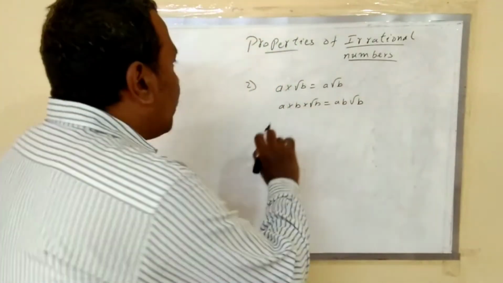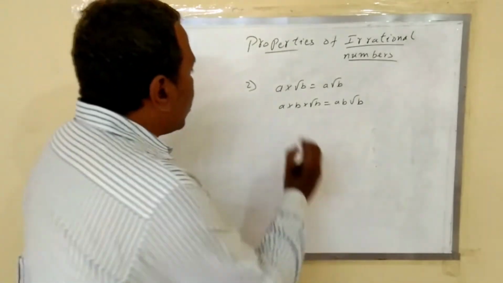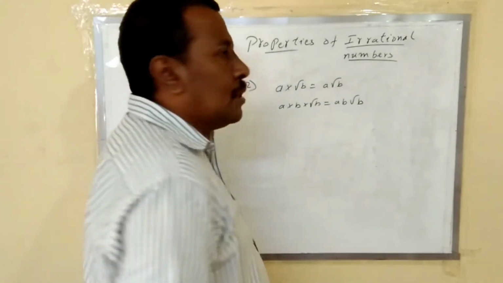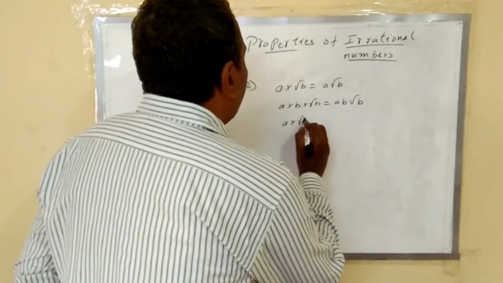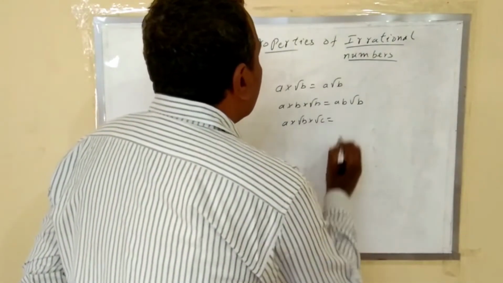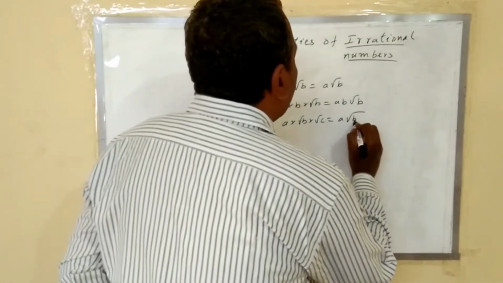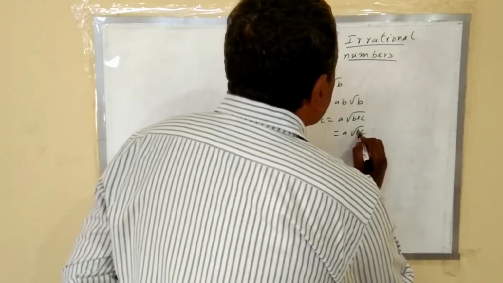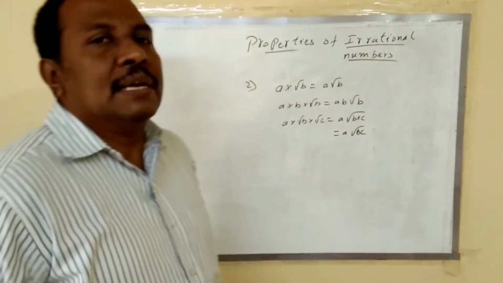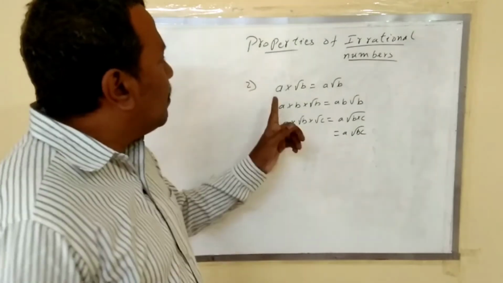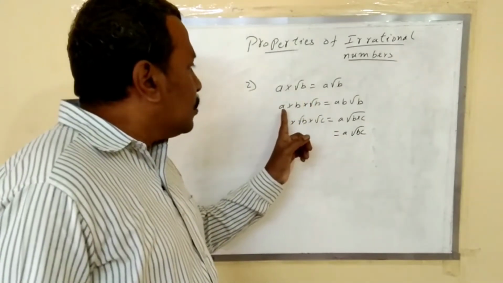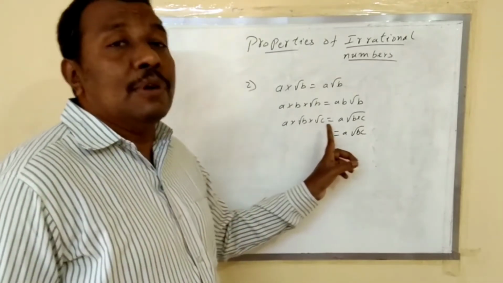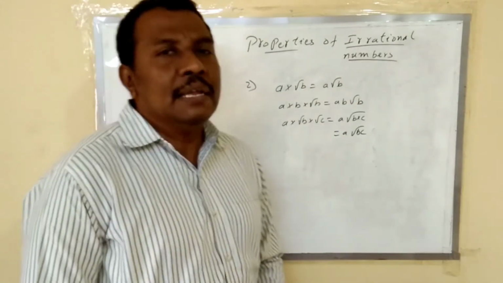Or a into root b into root c is equal to a root bc, and root bc is always an irrational number. So the product of a rational number and an irrational number, or of a rational number and two or more irrational numbers, is always an irrational number.